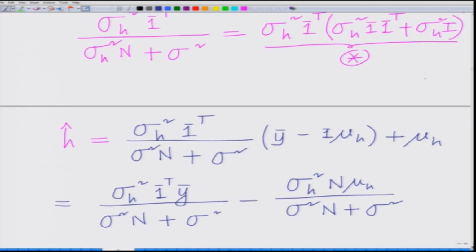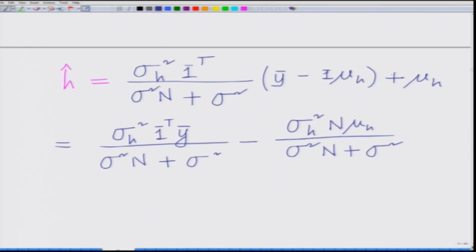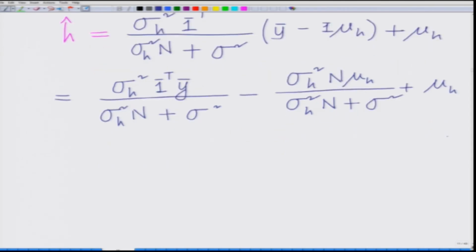In fact, this should be sigma h square in the denominator. So, this is sigma h square, sigma h square, plus of course mu h. And now, if you look at the term on the right, I have sigma h square n mu h minus sigma h square n mu h plus mu h n sigma square.